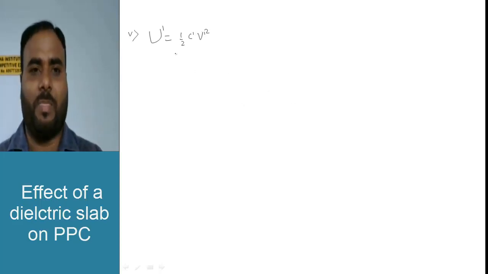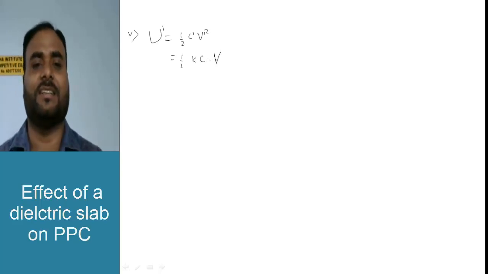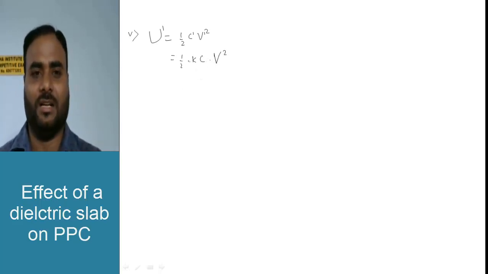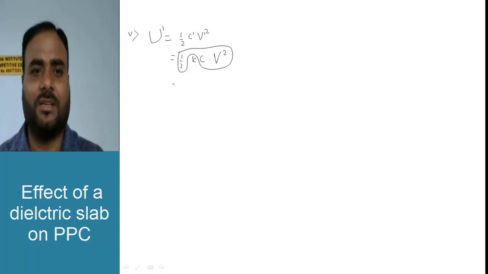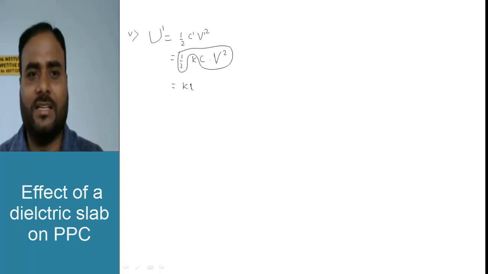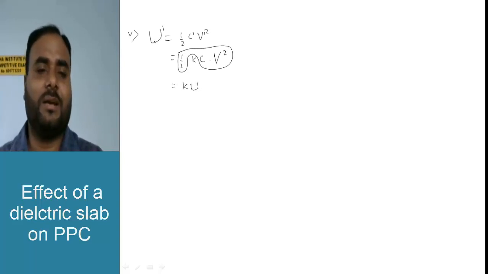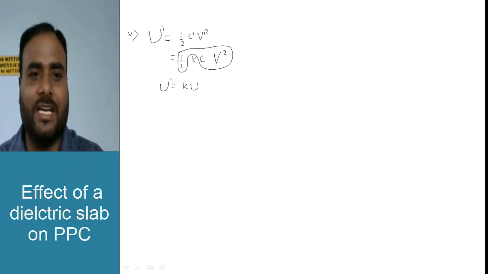Now how has C dash changed? It has increased by K times. And how has V changed when the source remained connected? It did not change. Hence it's V square. But half C V square is the energy stored in the capacitor, so the energy has again increased by K times.